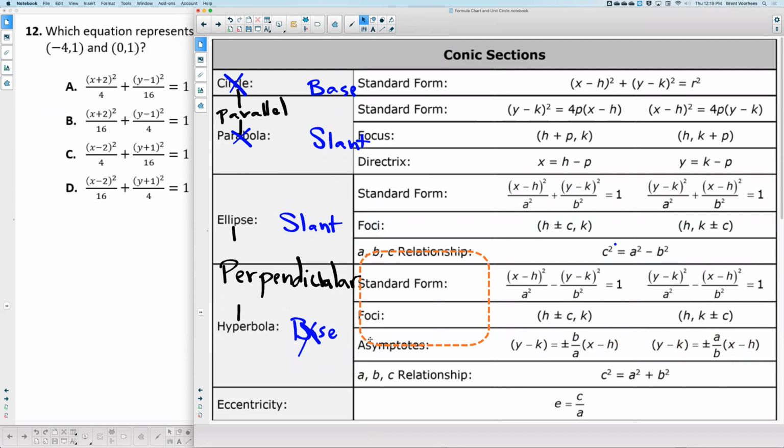Both foci formulas, if you look at them, what looks different is the plus or minus C. That's why it's 2 C's, because one's a positive C, one's a negative C. If you have a positive C and a negative C, how many C's is that? 2. So you can use that to help you out. Foci is the 2C word because that's what they all have, 2 C's.